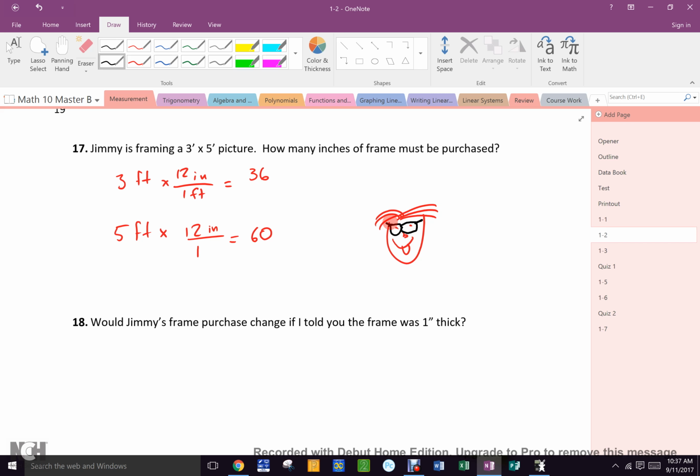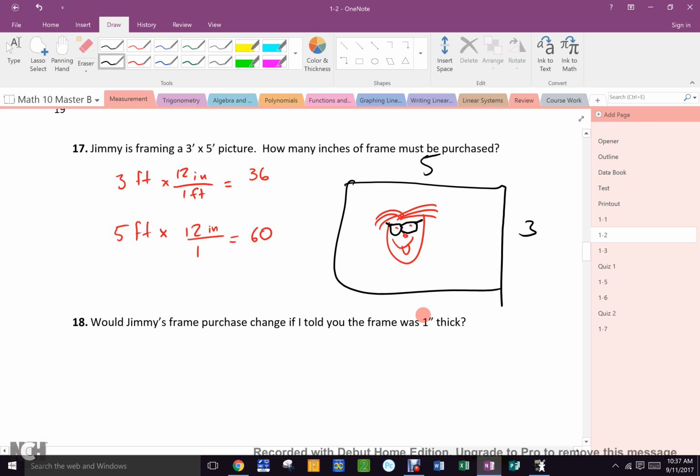So that's what's going on the wall. 3 by 5. What did we forget, Eden? There's another 3 and another 5, isn't there? So what do I have to do to that answer of 96, which was absolutely right? Right. I got to multiply it by 2 to get 192 inches.